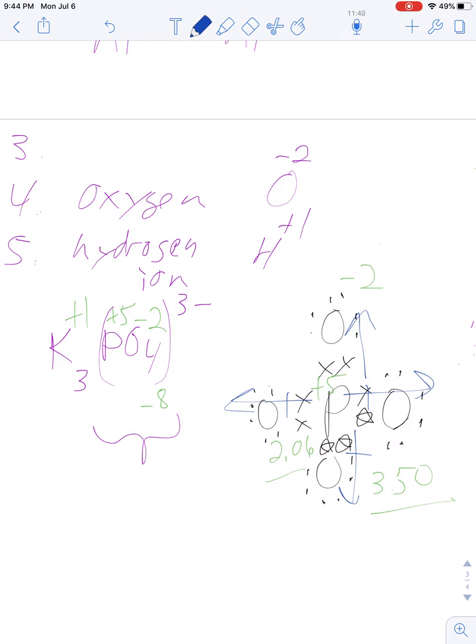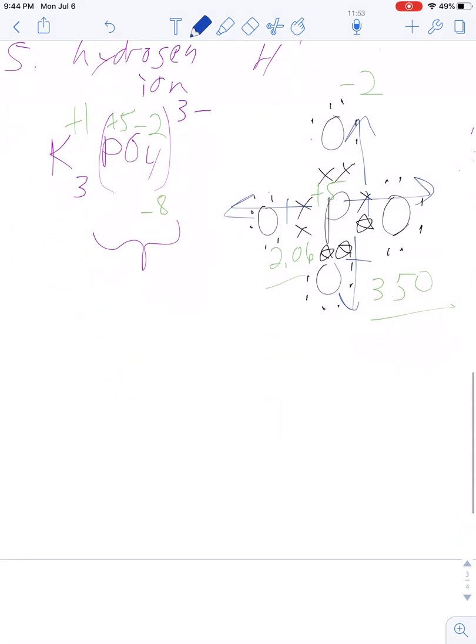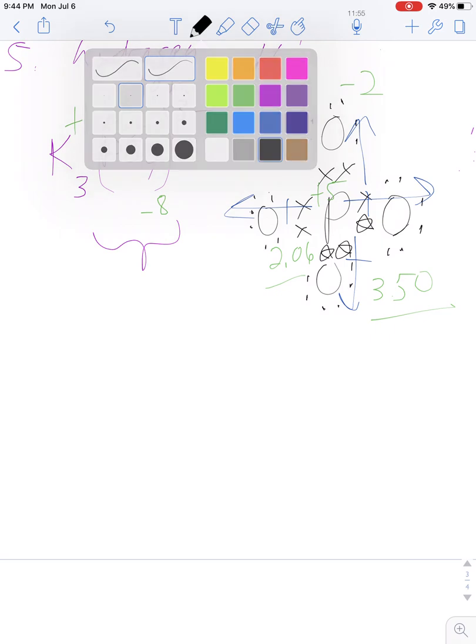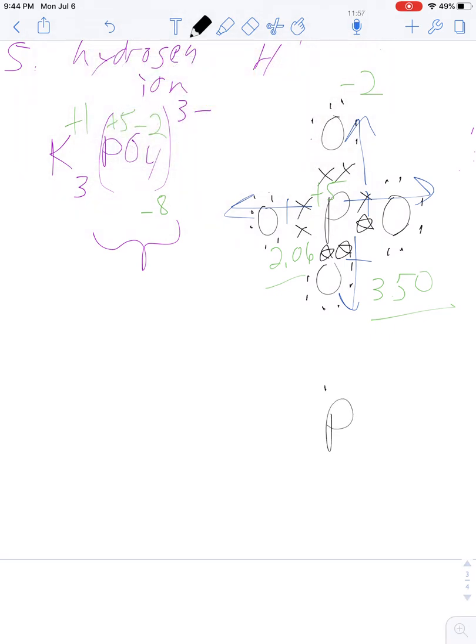If we truly drew this Lewis dot correctly, all electrons look the same. So you wouldn't know where the extra electrons actually are because they're being shared by everybody.